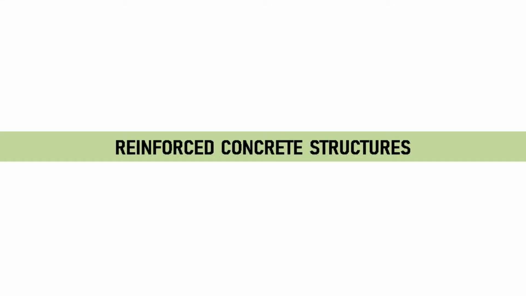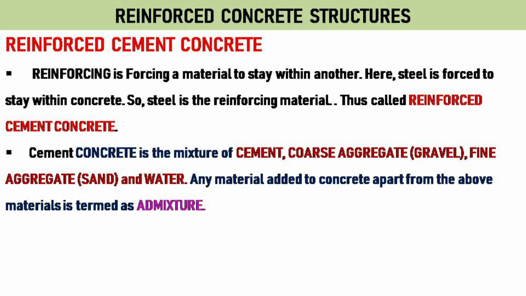In this video we will study the topic, limit state method of design, from the subject, design of reinforced concrete structures. Slide 1. In this slide we will see what is reinforced cement concrete. Reinforcing means forcing a material to stay within another material. Here steel is forced to stay with concrete.